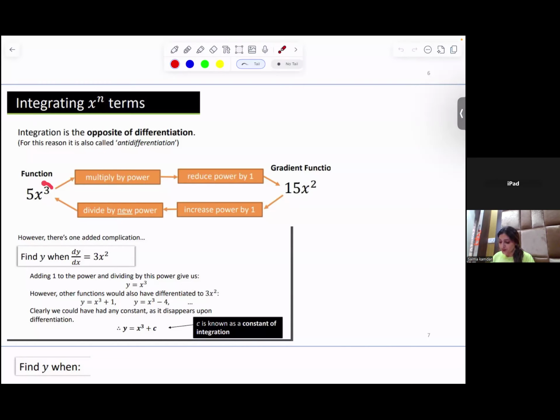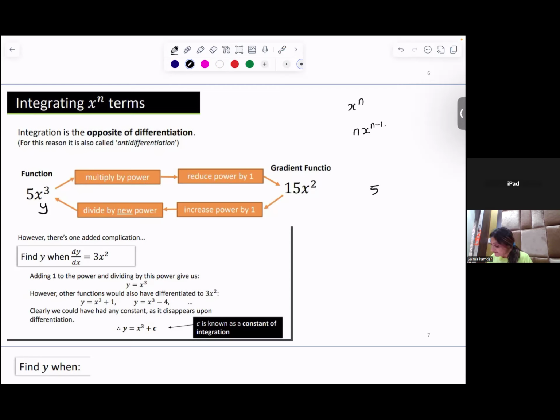I have a function and my function is y. If I am to find the derivative of x raised to n, it would be nx^(n-1). That means I would multiply with the power.